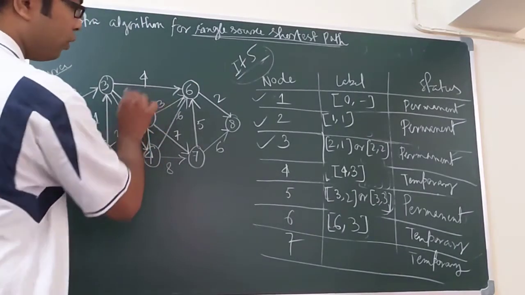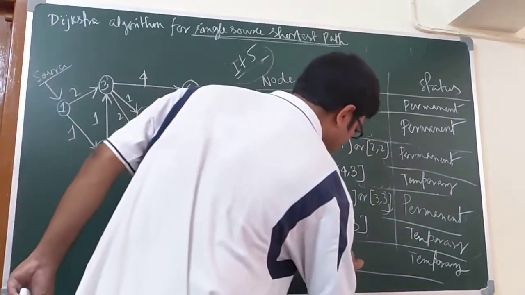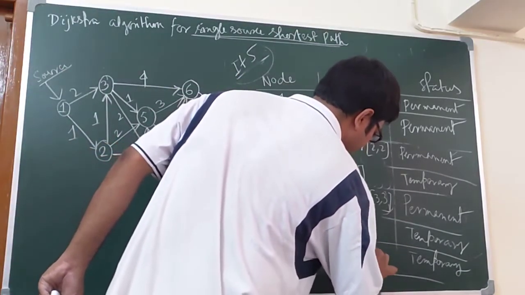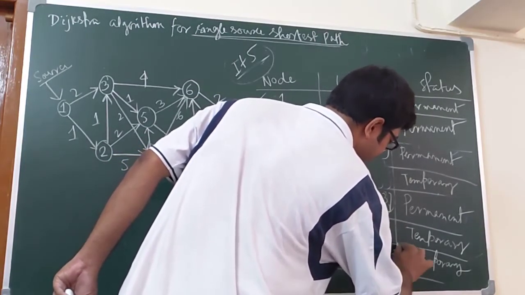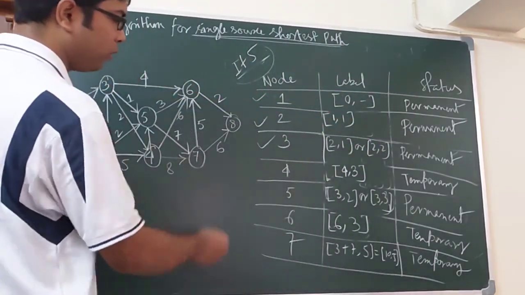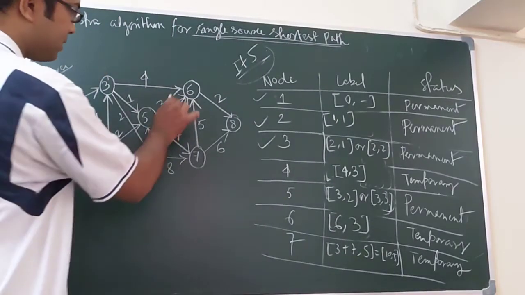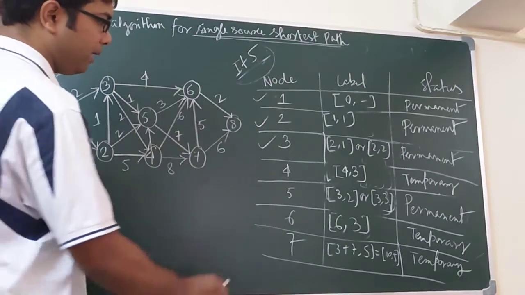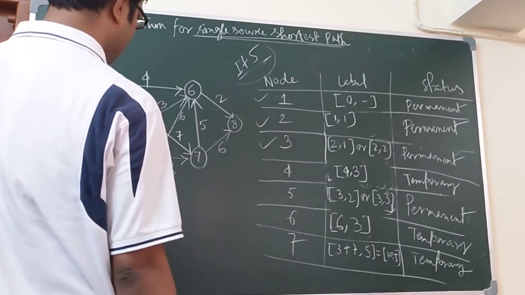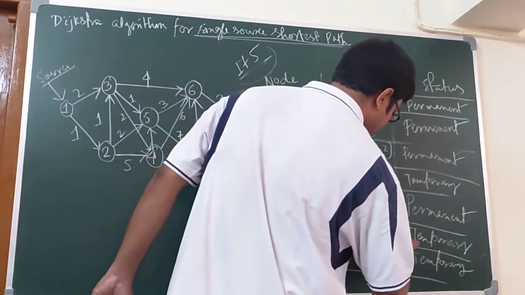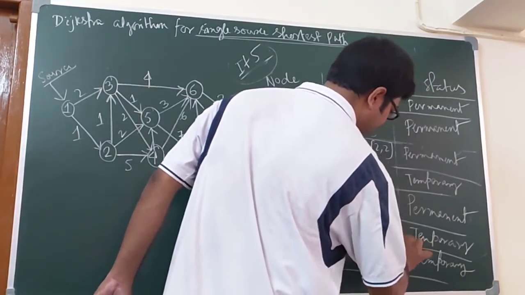With the 5th node value 3, so 3 plus 7, 5, that is 10 5. If we access the 7th node via 5th node, the cost will be 10 and the level will be 10 5. If we access the 6th node via 5th node, the value will be 3 plus 3, 6. So 3 plus 3, that is 6 via fifth node.